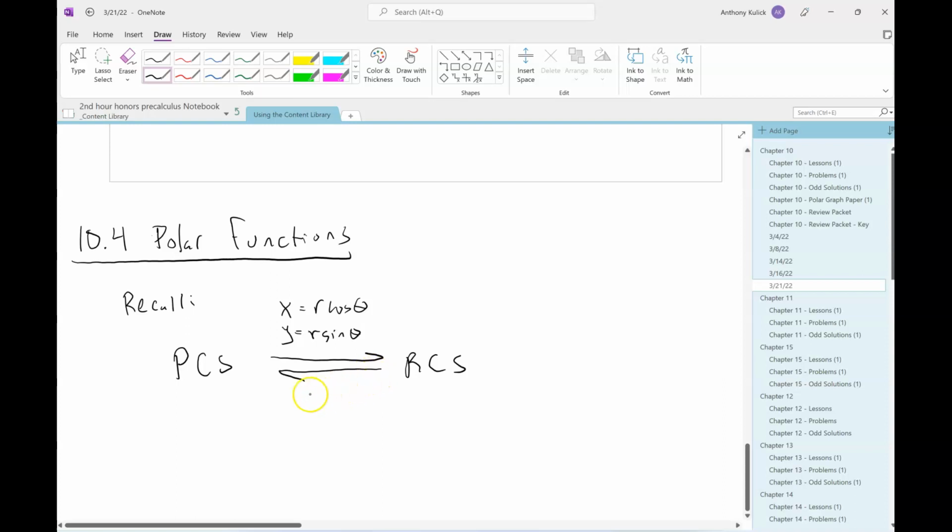And to go from rectangular back to polar, we use that r squared is equal to x squared plus y squared, and that tangent of theta is y over x. So we have these two tools, right?